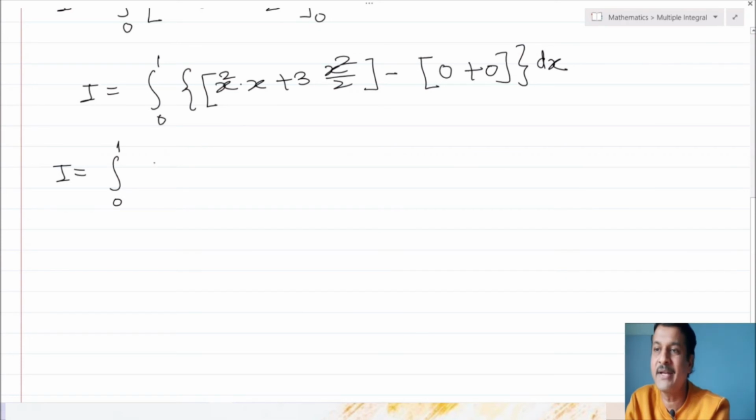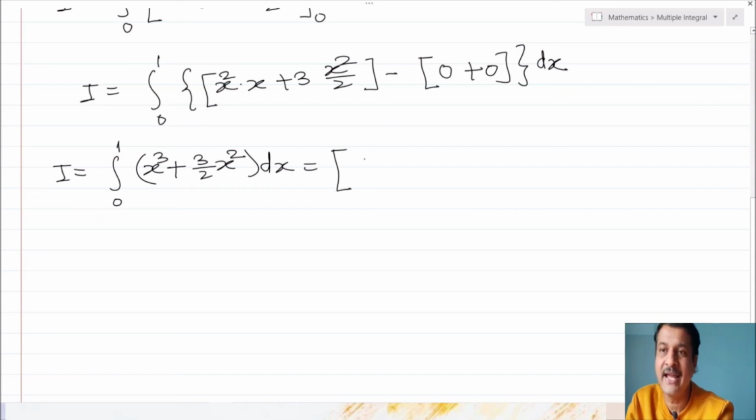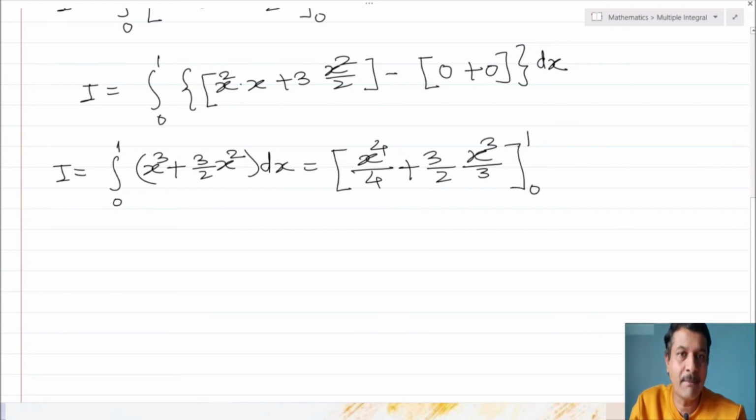So here I am getting x cube plus 3 by 2 x square into dx. Now integrate with respect to x. So I am getting x raised to 4 by 4 plus 3 by 2 x cube by 3. Lower limit is 0, upper limit is 1. So upper limit minus lower limit, it means x replaced by the upper limit minus x replaced by the lower limit.